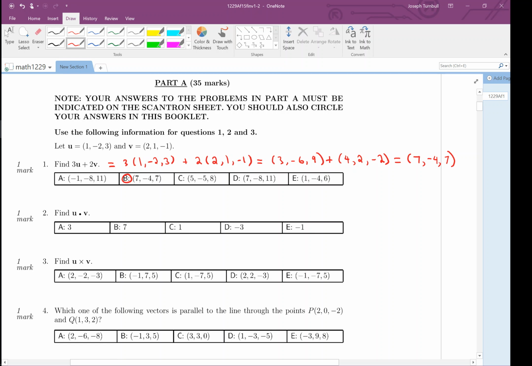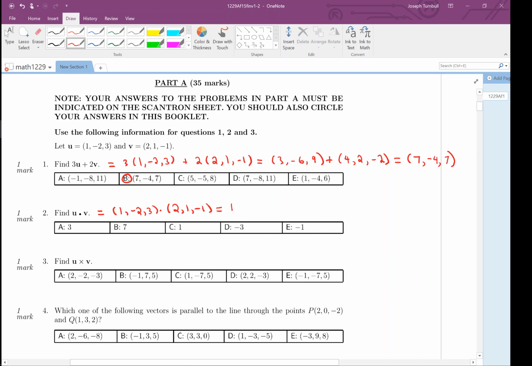Question 2. Find u dot v. Okay, so the dot product, I'm going to write both vectors side by side. 1, negative 2, 3, dotted with 2, 1, minus 1. Dot products involve multiplying the x by the x, the y by the y, and the z by the z, and then adding up each piece.